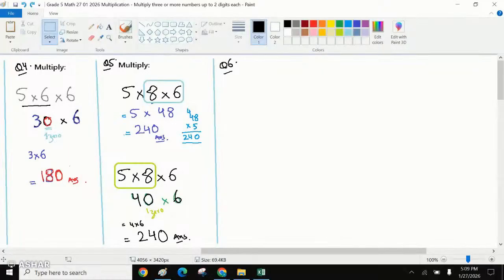Let's see. 4 multiplied by 7 multiplied by 10. In case of tens, it's always easier to multiply by 10 later. 4 multiplied by 7 is 28.